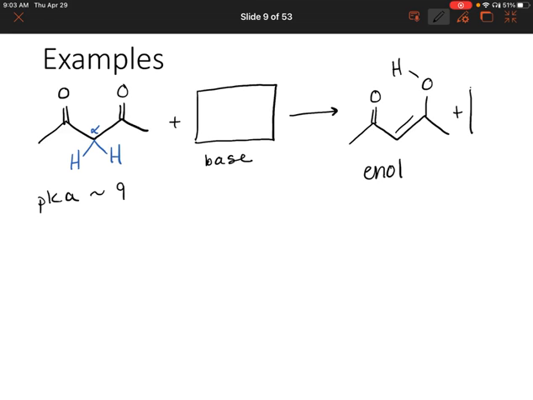And let's also figure out what our conjugate acid would be. And remember, we want the pKa of the conjugate acid to be greater than the pKa of our original acid. So maybe take a minute, see if you can find a base that would be appropriate for this reaction.